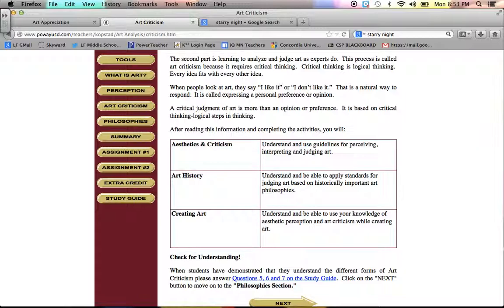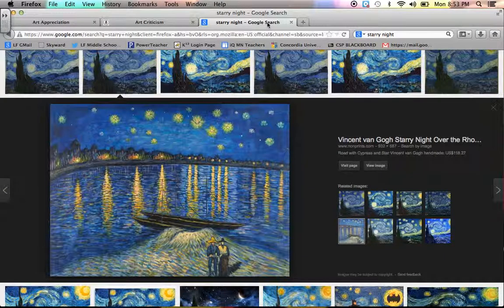A lot of times knowing where it was from and maybe what was going on in the world at the time will help you understand what the artist was trying to convey. So they're really trying to spark an interest maybe on a controversial topic, but if you don't really know what was happening during that time in the world, then it'll be really hard to discuss the work of art itself.